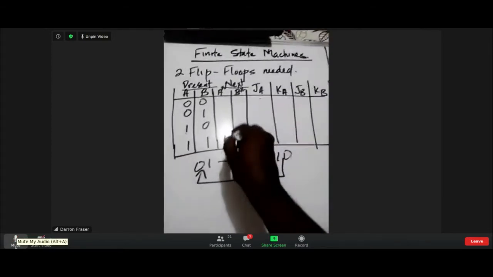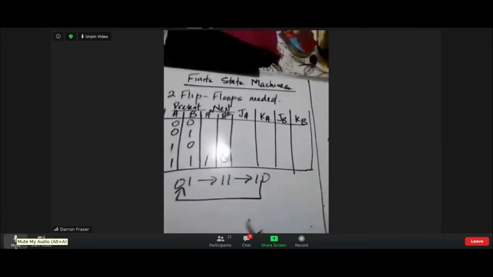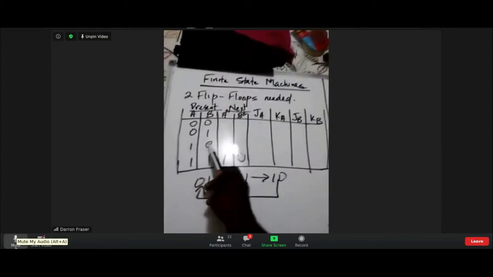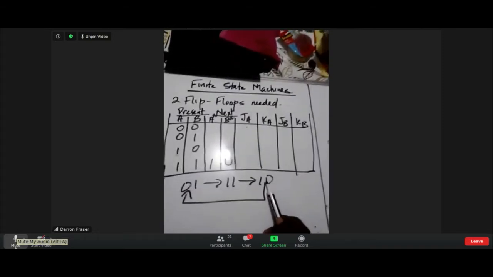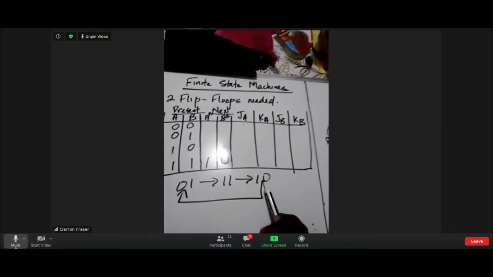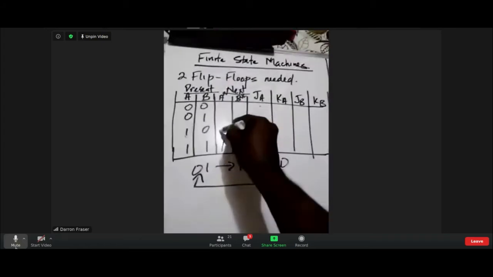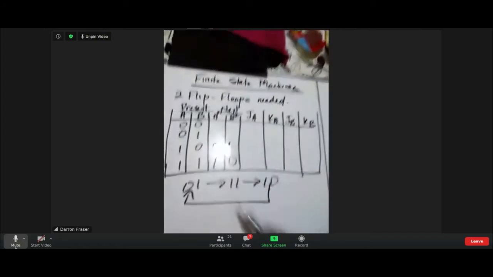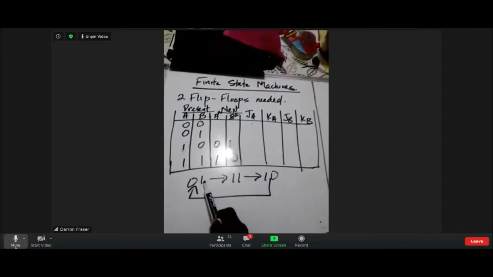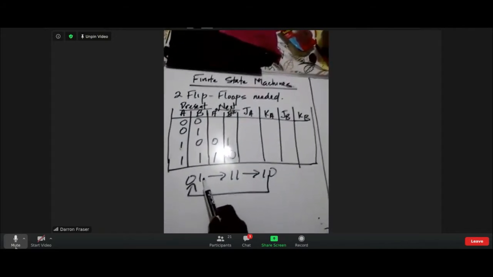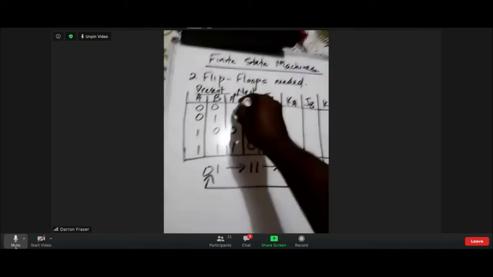So I would write 1, 0. If I'm at 1, 0, what is the next state that I will go to? 0, 1. If I'm at 0, 1, what's the next state that I go to? 1, 1.